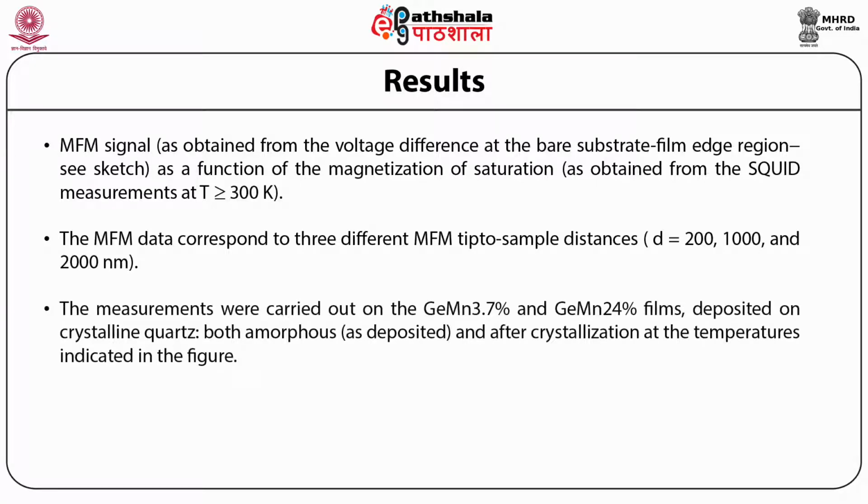The measurements were carried out on the GeMn 3.7% and GeMn, that is germanium manganese 24% films, deposited on crystalline quartz, both amorphous as deposited, and after crystallization at the temperature indicated in the figure.